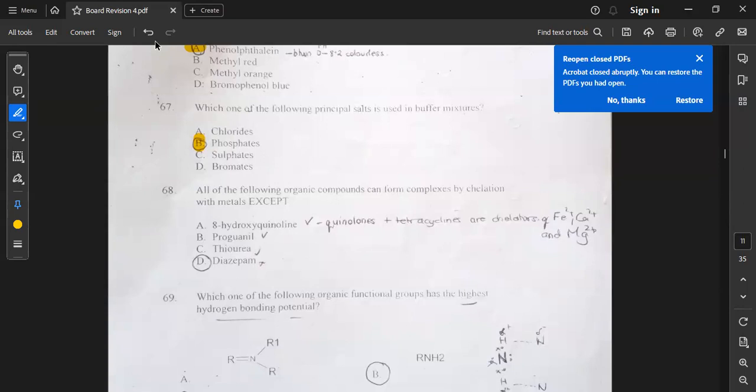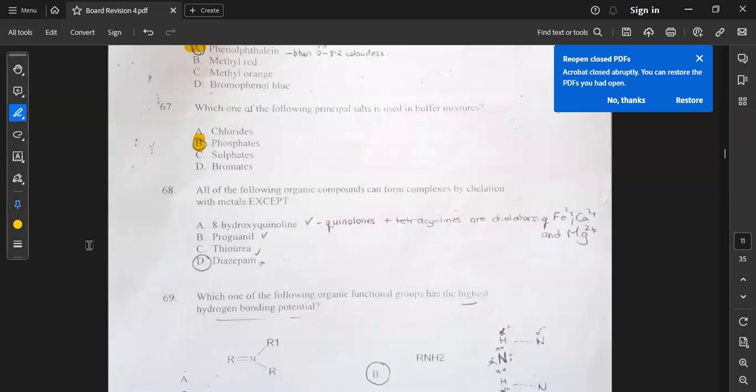The buffer systems of the body. You don't have to describe all of them, just the one you know.